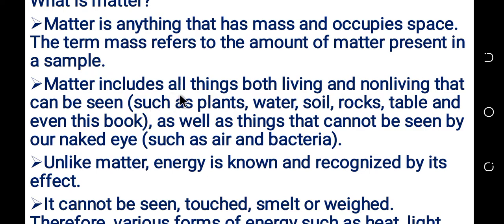Matter includes all things, both living and non-living, that can be seen, such as plants, water, soil, rock, table and even this book, as well as things that cannot be seen by our naked eye, such as air and bacteria.